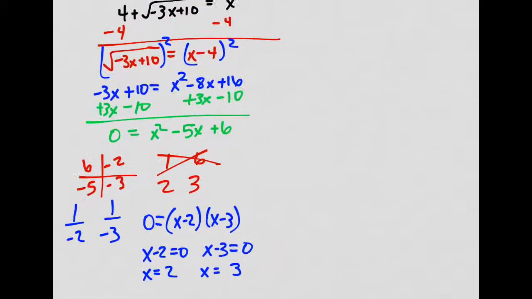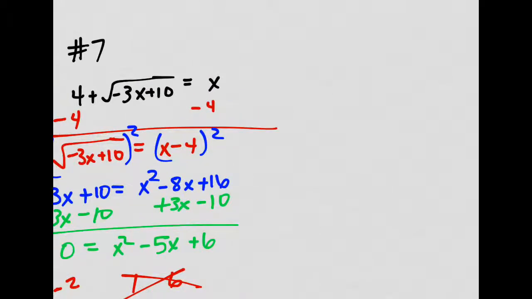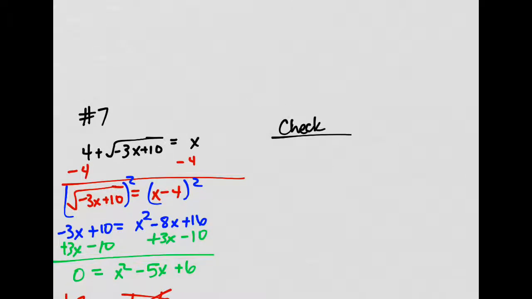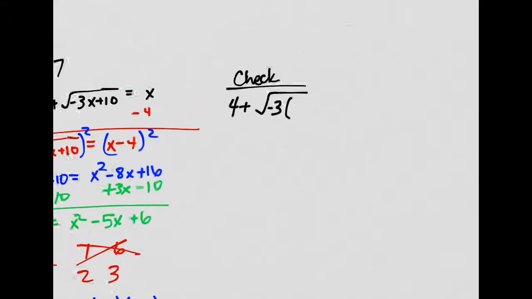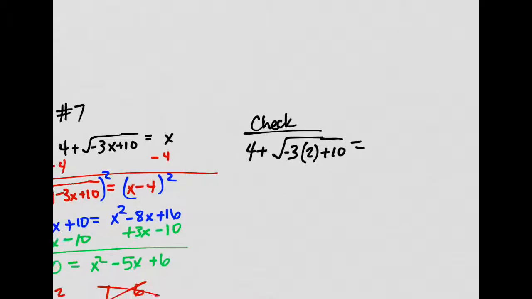Then you have to go back and check. So that's 4 plus the square root of negative 3 times 2 plus 10 is equal to 2.